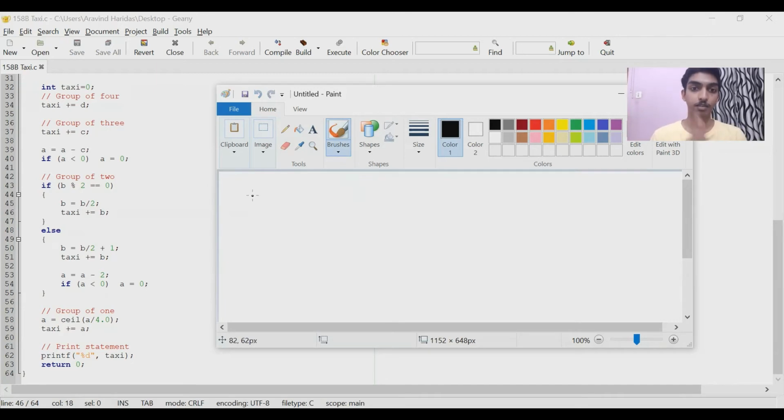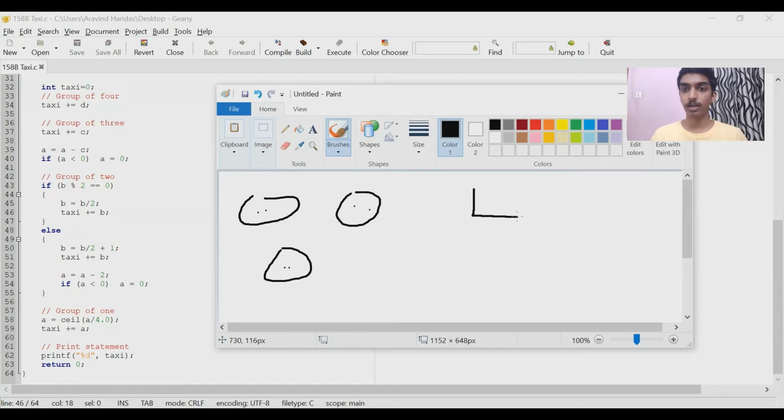Now, what if the number of groups of 2 is odd? Suppose there are 3 groups of 2. Two of these groups can go in one single taxi, and the taxi is filled. Now, what about the third group?